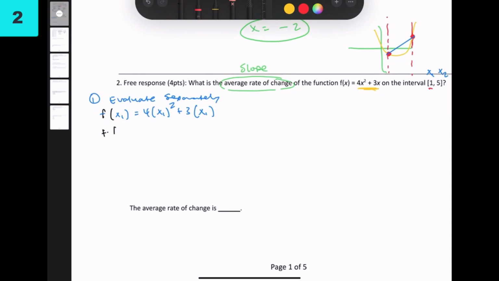So my x1 value is 1. And then we're just going to simplify here. 1 squared is 1. 1 times 4 is 4. I'm using PEMDAS here. And you'll get 1 comma 7. All right, let's go ahead and do now the x2 value.